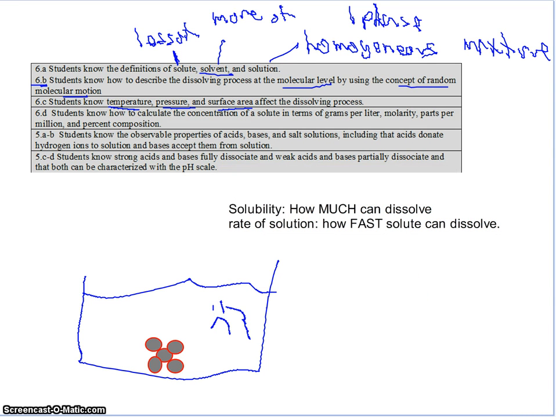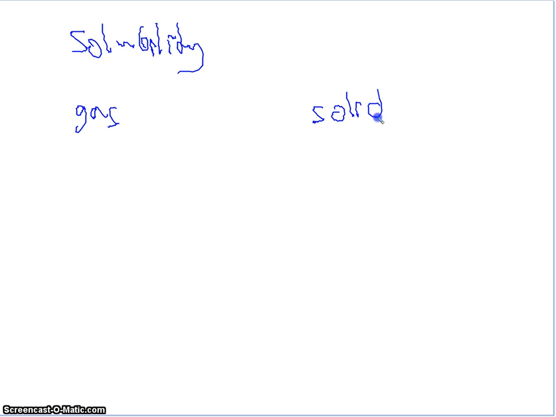All right, so let's talk about one thing at a time. Let's talk about solubility first. So, new slide. Solubility. And let's talk for a gas, and let's talk for a solid.